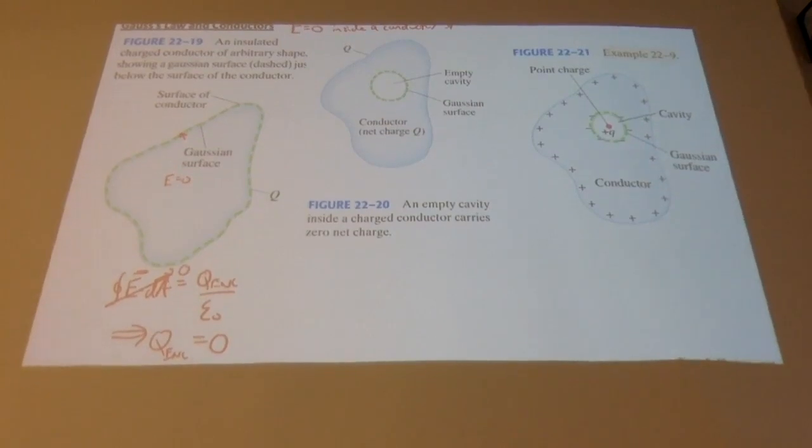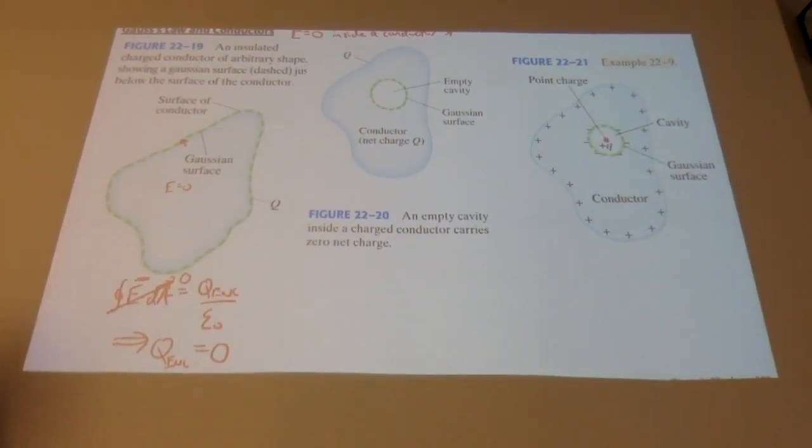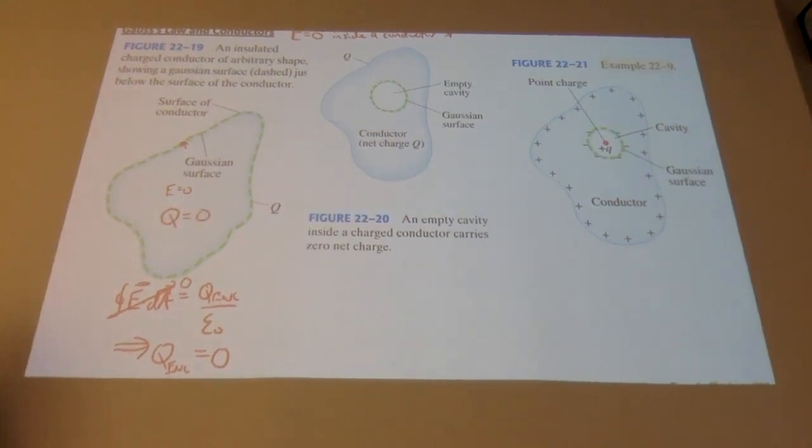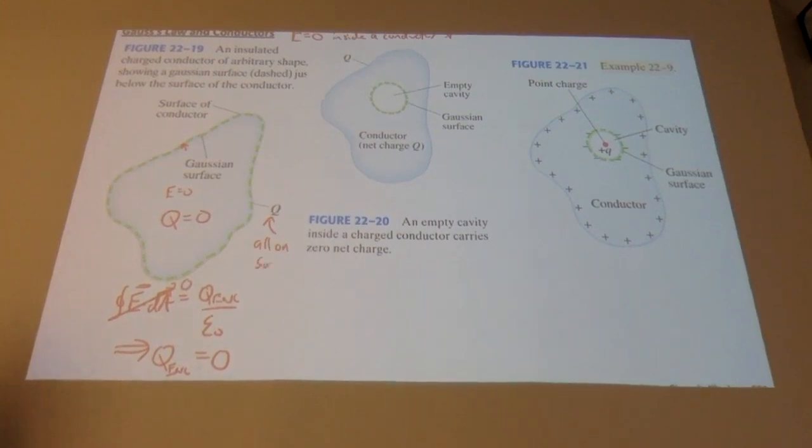Which means if there's no electric field inside the conductor, then we also know that there is no Q inside the conductor. It is all on the surface.